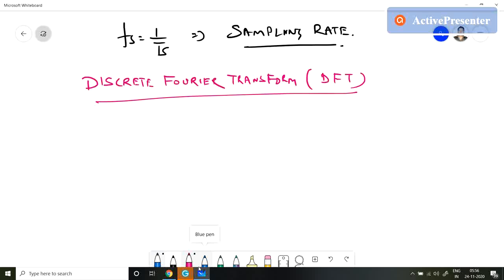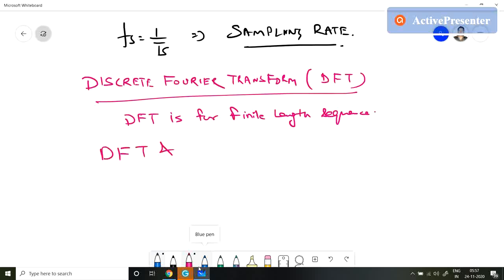This DFT is for finite length sequences. Also, please understand that the DFT and the Fourier transform are different terms, so please do not confuse the DFT with the discrete time Fourier transform. So let us see what the definition of that is.